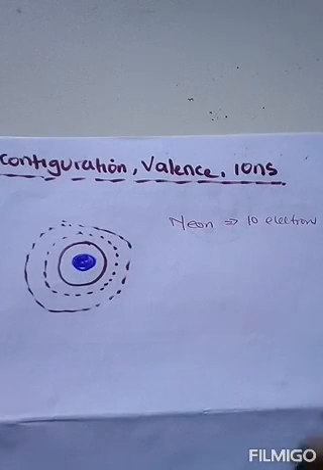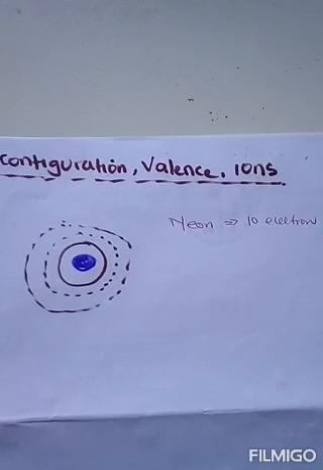The question chemists ask themselves is, of these 10 electrons for neon, how are they arranged? Do we find all 10 electrons surrounding the nucleus in the same orbit or shell, or are they in different shells?